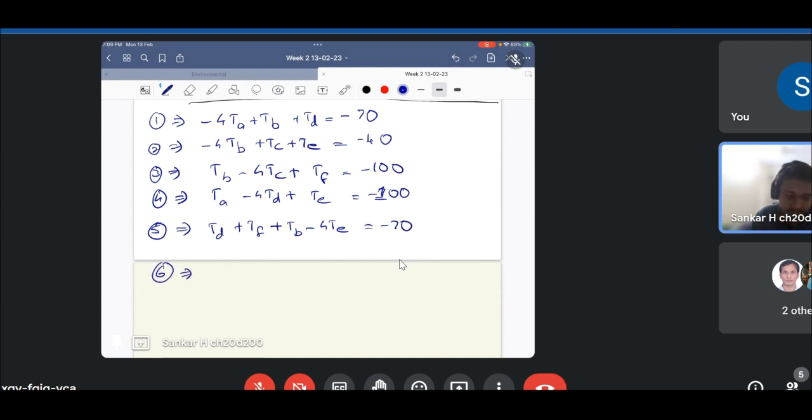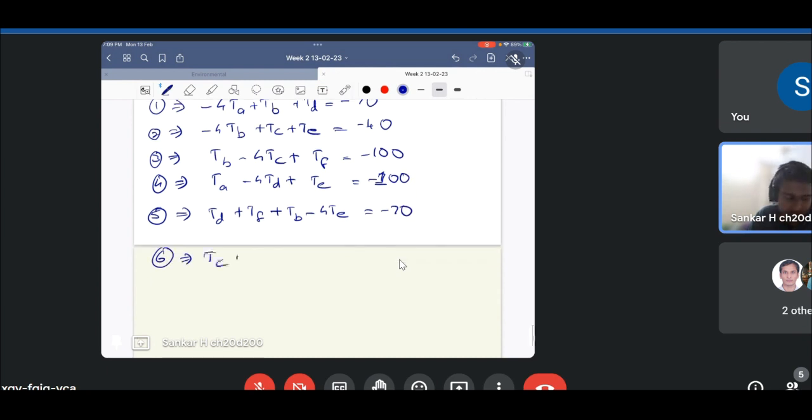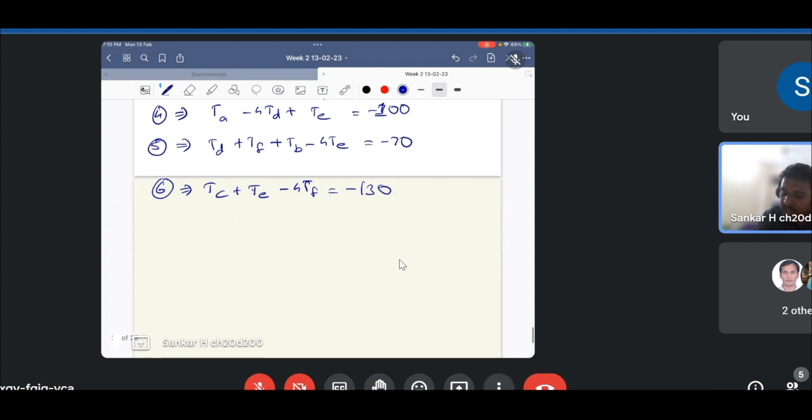And finally, equation 6 would be TC plus TE minus 4TF should be equal to minus 130. Please let me know if you are able to get this matrix, or if there is any wrong answer that has been written down.